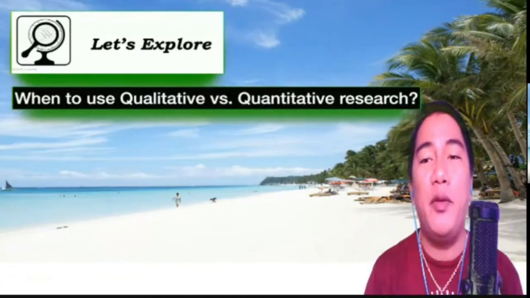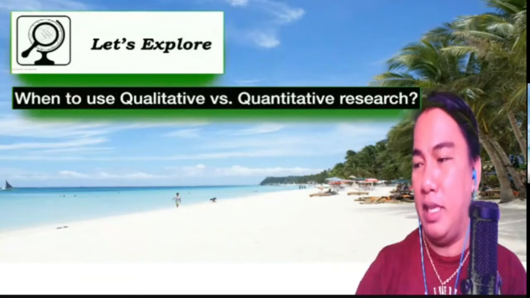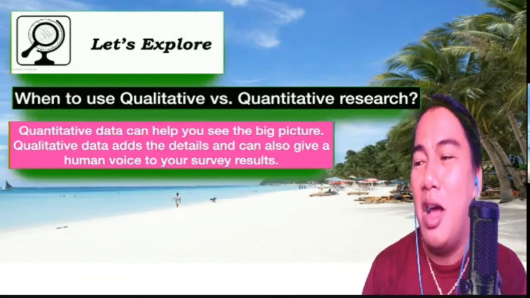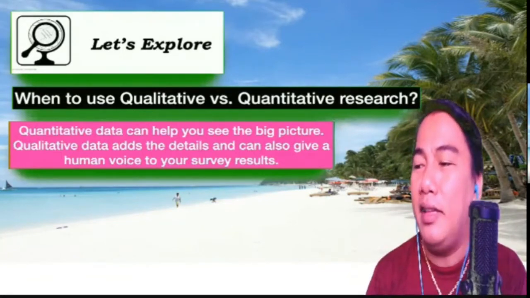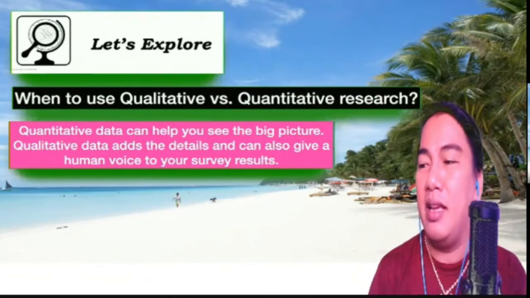When are we going to use qualitative versus quantitative research? Quantitative data can help you see the big picture. Qualitative data adds the details and can also give a human voice to your survey result.